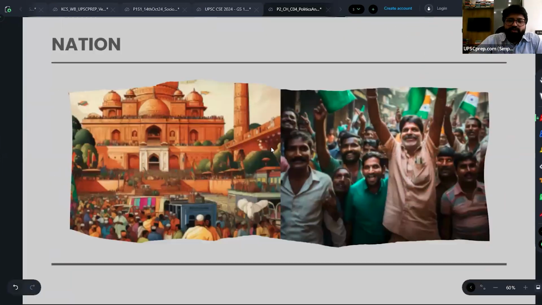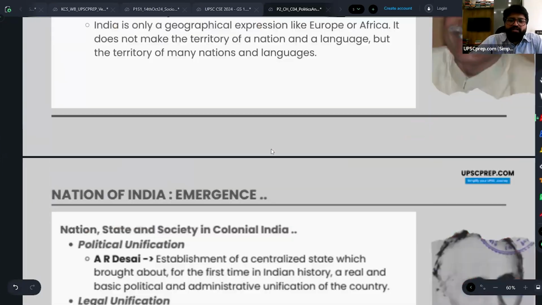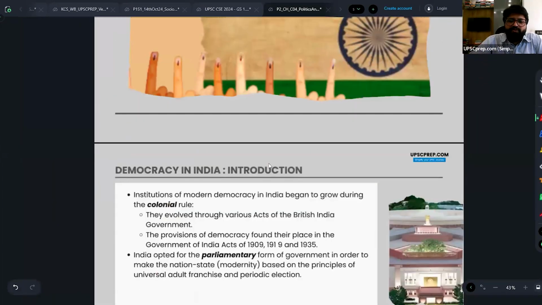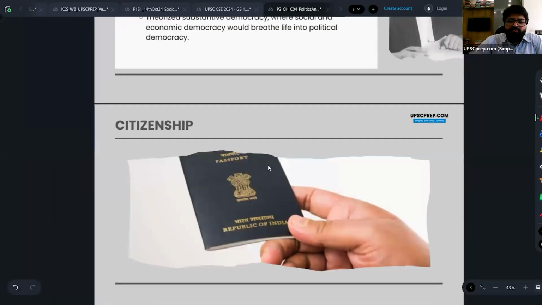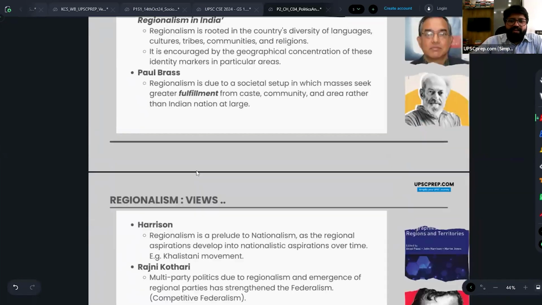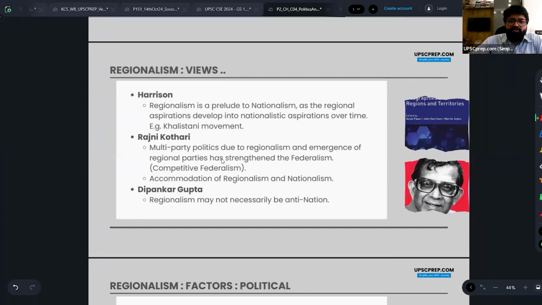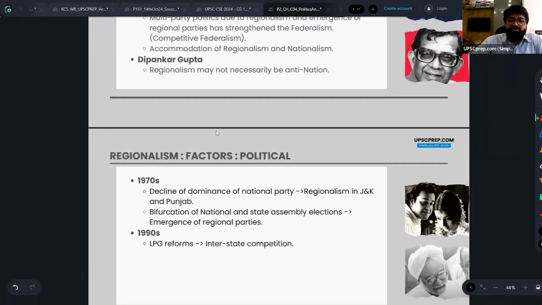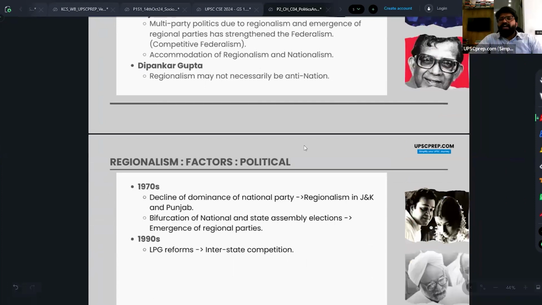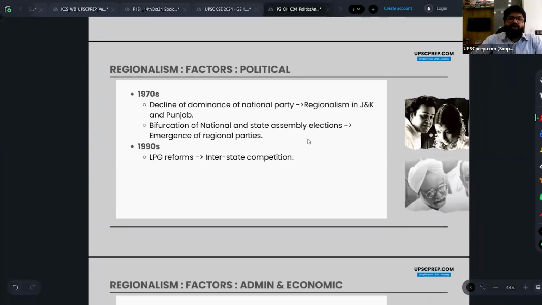Whatever you learn, let me quickly show you what we're going to learn in this part. Regionalism, all those things, different kinds, different perspectives. You're not supposed to use these names in GS, but whatever they discuss is a valid point which you can use as your own points.